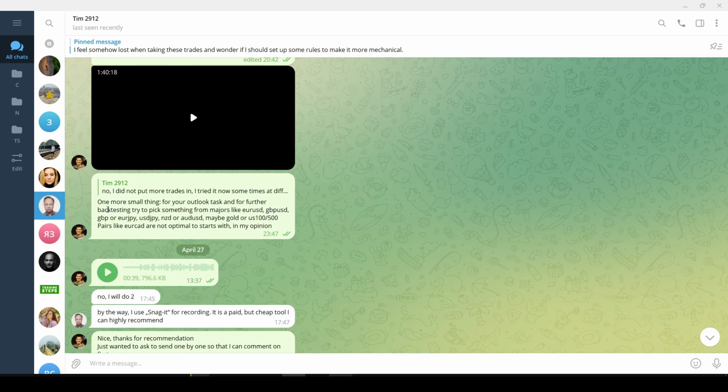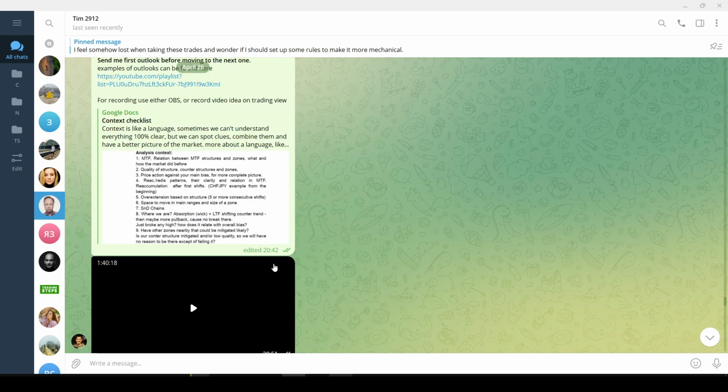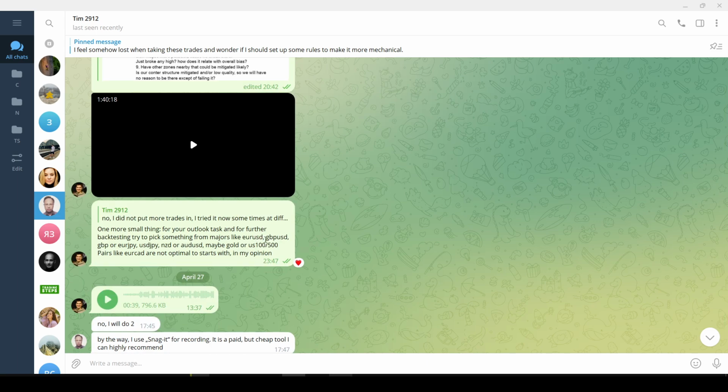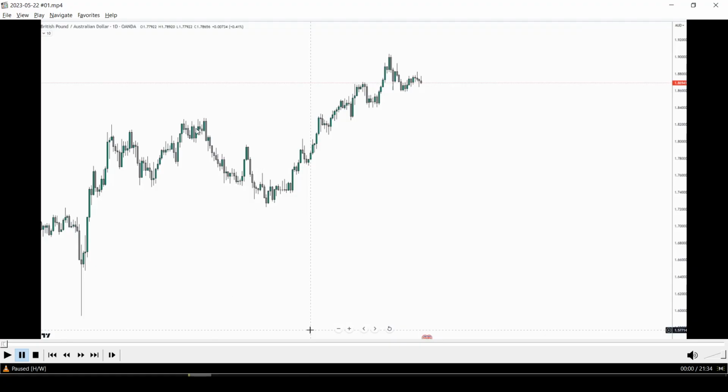So, for example, if you remember some time ago when we discussed your initial backtesting and so on, I asked you to pick for your further backtesting something from majors, like EURUSD, GBP/USD, and so on. So I'm not telling that GBP/AUD is not tradable, but just look at this price action.